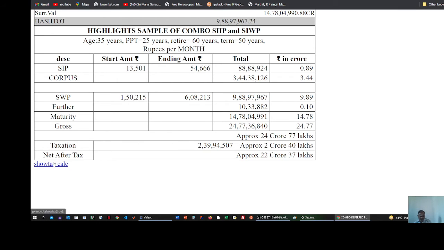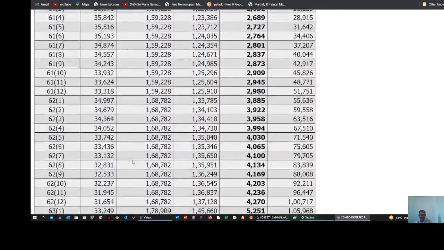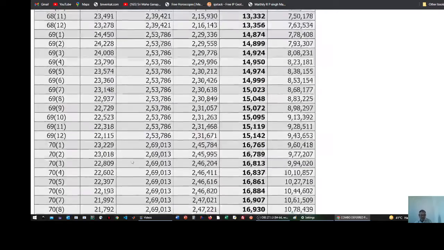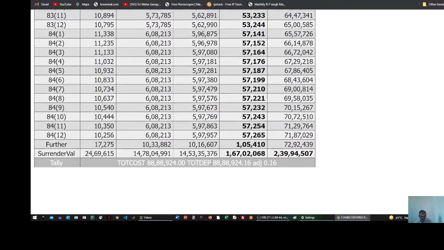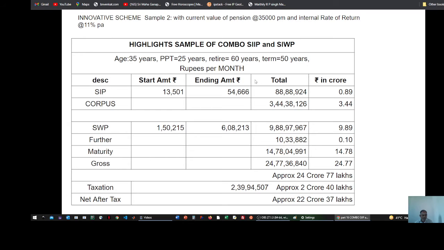Let us see in the summary. If you want, we can see the tax calculations, also available in a click. Now let us go to our summary, already presented here.